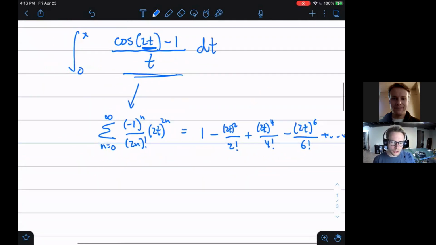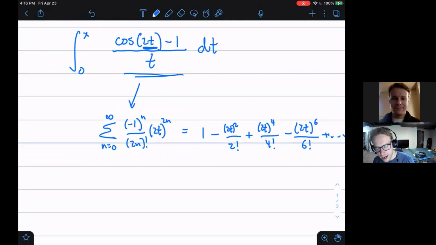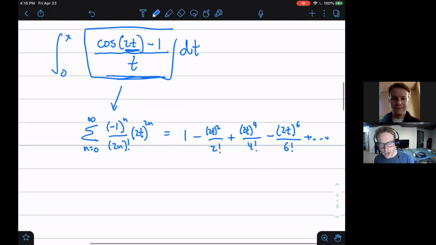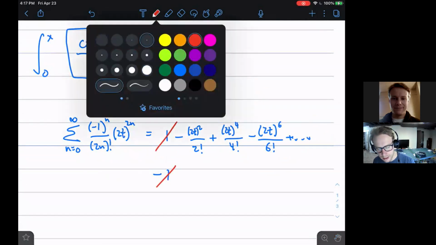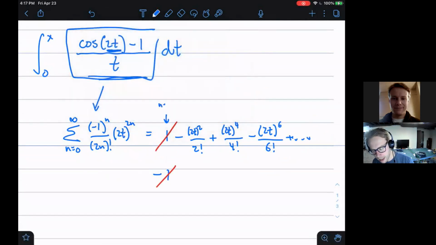And so now I'm interested in building up my entire integrand here. So I need to subtract off 1, and I need to divide by t. So notice when I subtract 1 here, that perfectly matches up with my first term. Remember, this is if I was to plug in n equals 0. This is if I was to plug in n equals 1. This is if I plug in n equals 2. And this is if I plug in n equals 3.